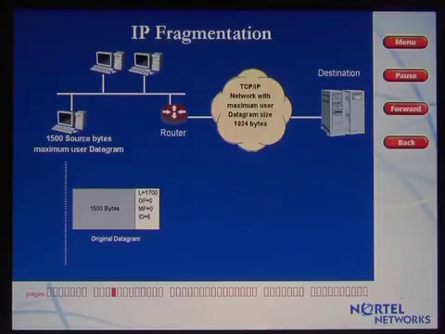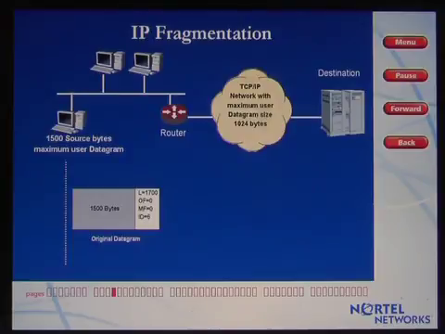The recipient host needs 3 pieces of information to reassemble the datagram correctly. The first piece of information is that all the fragments belong to the same original datagram. This is achieved by using the identifier field in the IP header. The second piece of information the host needs is to identify that all the fragments have been received. This is achieved by setting the more bit indicator in the IP header.